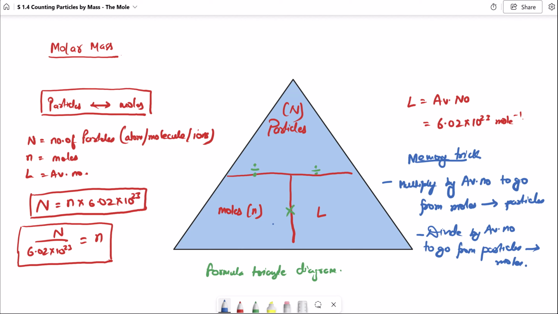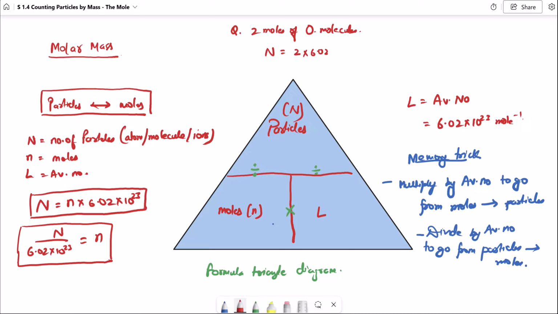That's it. So let's say I have a question, and I'm just writing it here because I don't want to go to the next board. The question is: 2 moles of oxygen molecules, how many particles are there? Simple. Small n is 2 here.